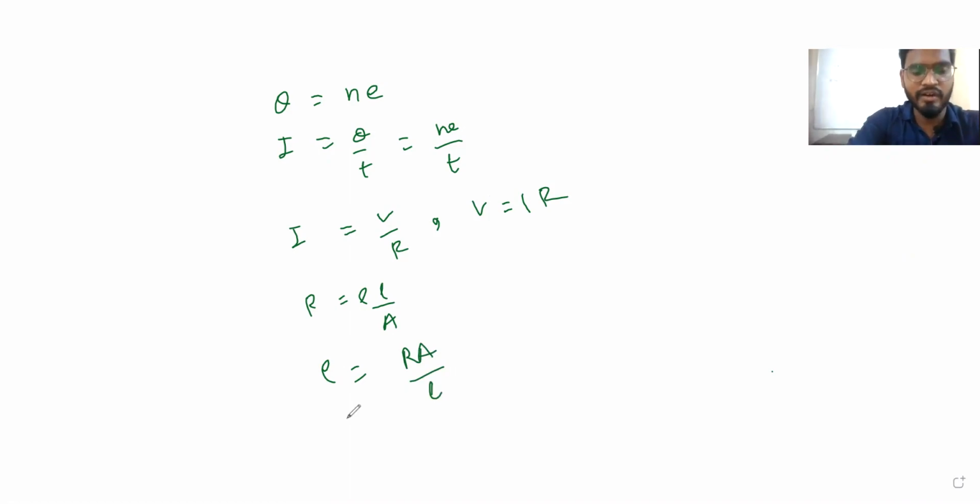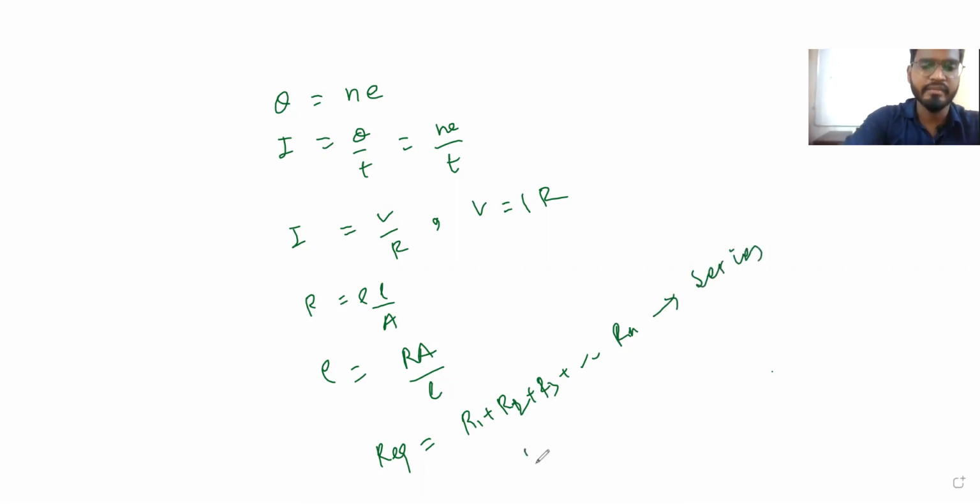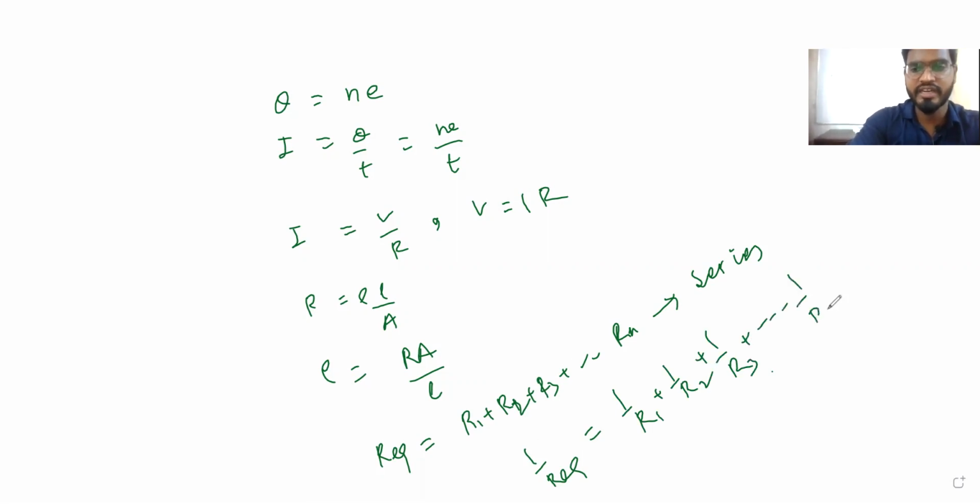Then we learned combination of resistance. In series, R equivalent is R1 plus R2 plus R3 till Rn. In parallel, 1 by R equivalent is equal to 1 by R1 plus 1 by R2 plus 1 by R3 till 1 by Rn.